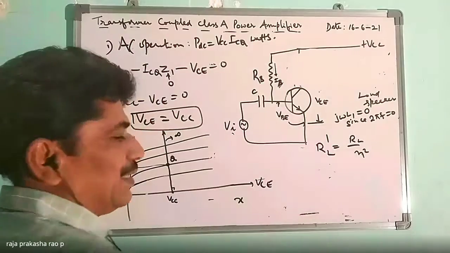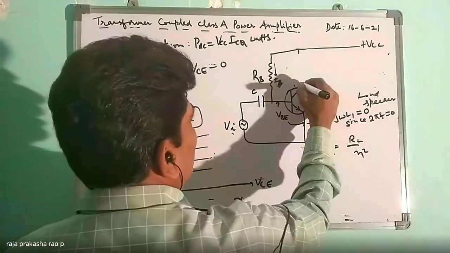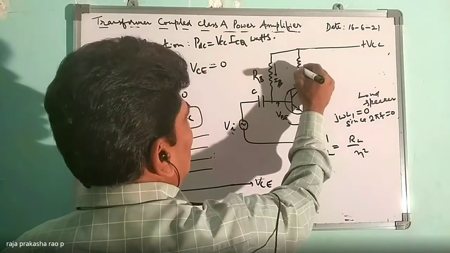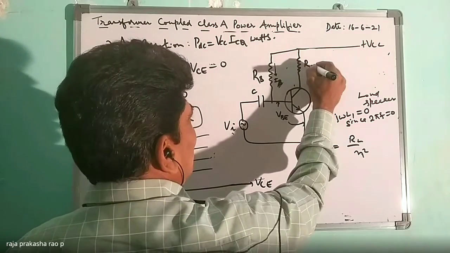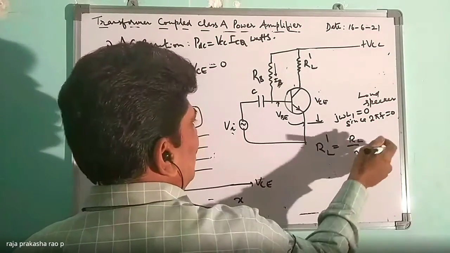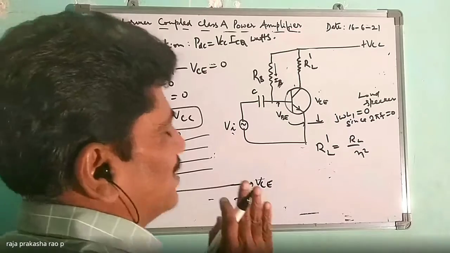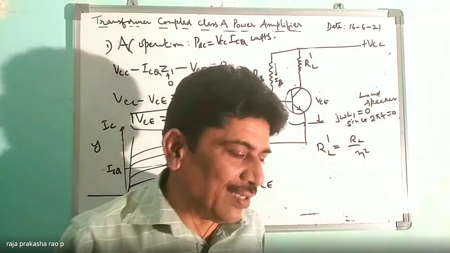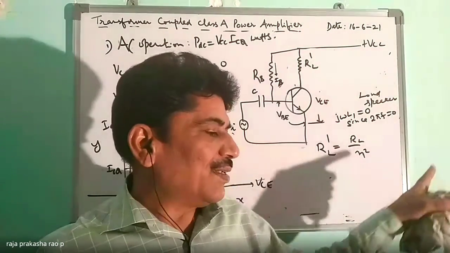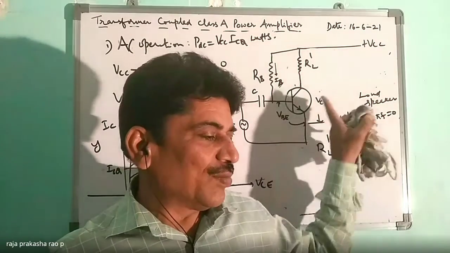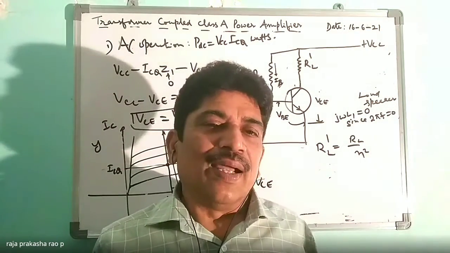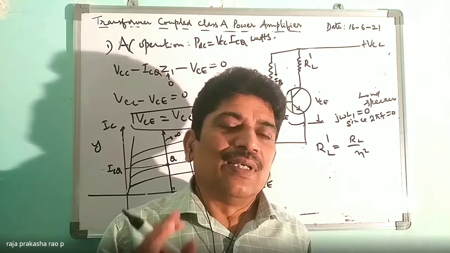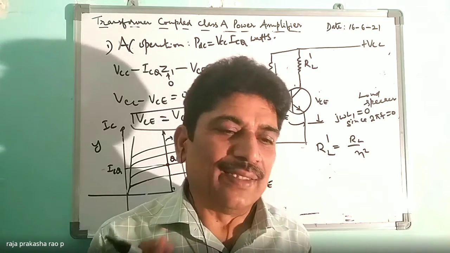In the exam, we should draw it again separately. Now I am just erasing it. Here we replace it by a resistor, RL dash, which is equal to RL by N square. This is the given circuit. For AC analysis, we find the output equation in the output circuit by applying KVL, and that equation represents the AC load line.